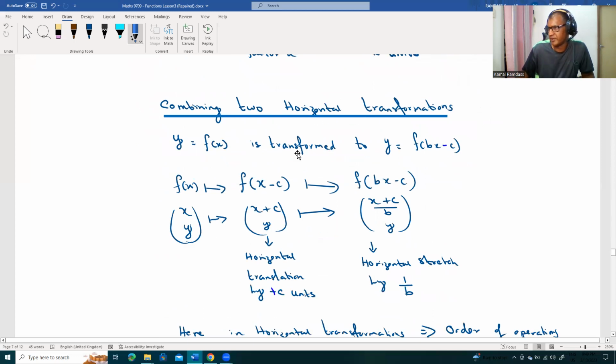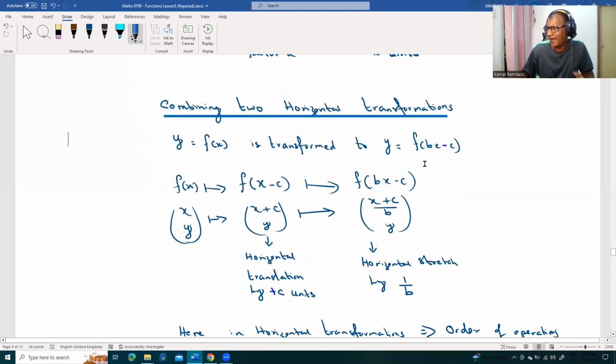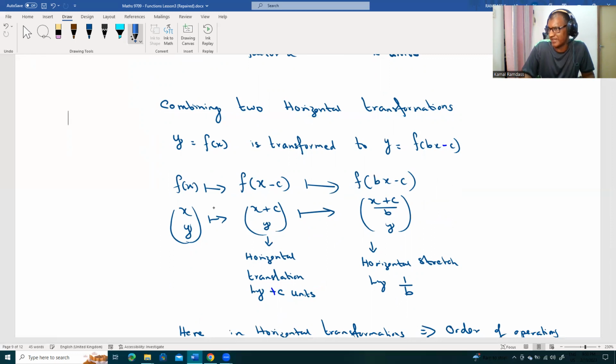In horizontal transformations, sometimes we put plus, sometimes minus, and I need you to understand that minus is a translation to the right, and plus is a translation to the left, parallel to the x-axis. Here we do the translation first, reversing the order of BODMAS. f(x) is mapped onto f(x - c), which is mapped onto f(bx + c). A general point (x, y) is mapped onto x + c, with y unchanged because it is a horizontal transformation.